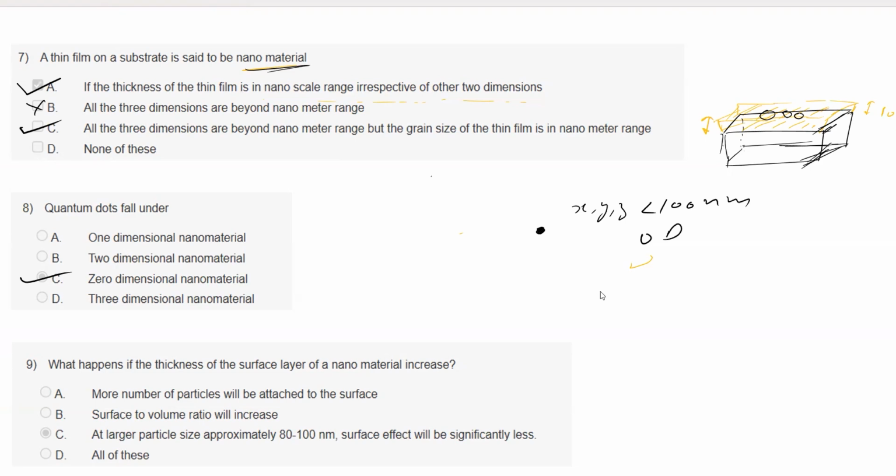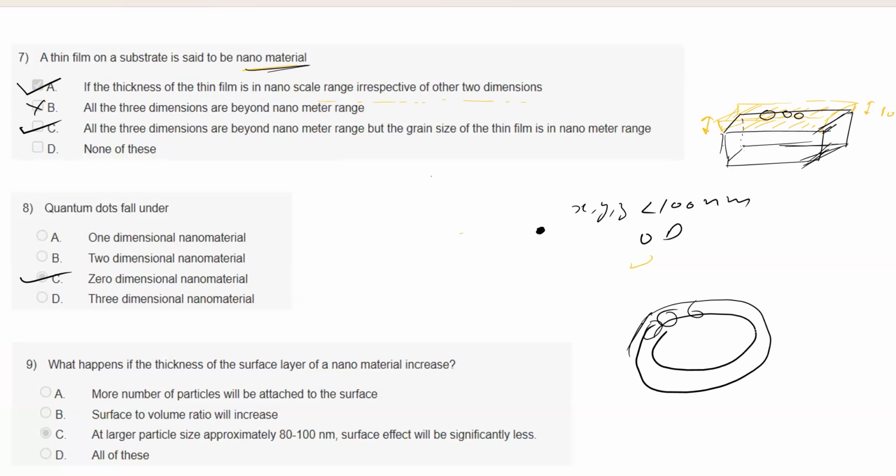What happens to the thickness of a surface layer? The thickness of the surface layer of a nanomaterial increases. This is your nanomaterial, and you're increasing the thickness of this layer.